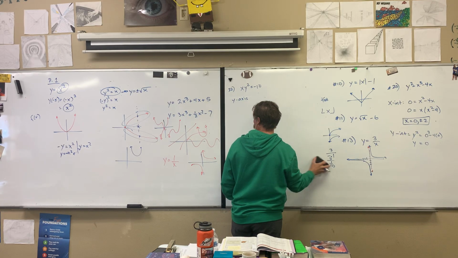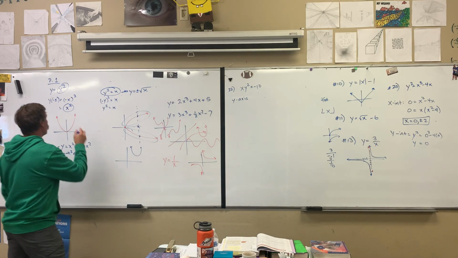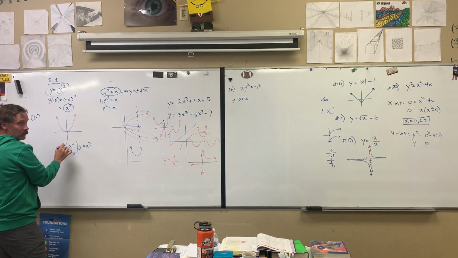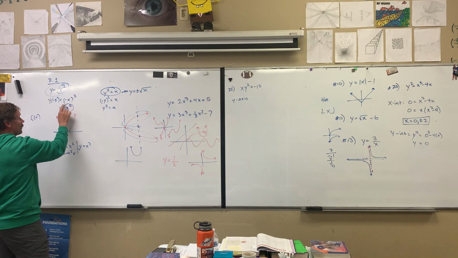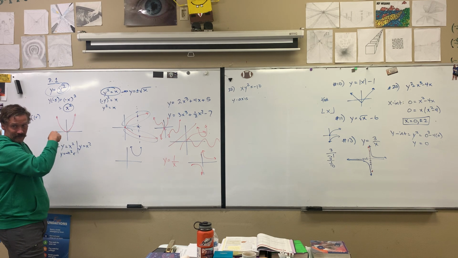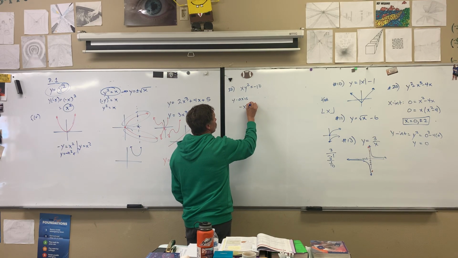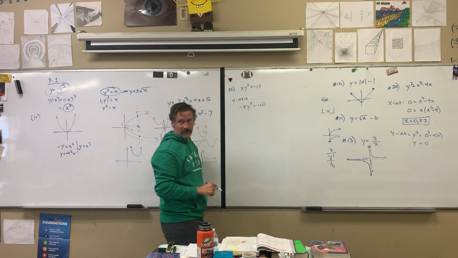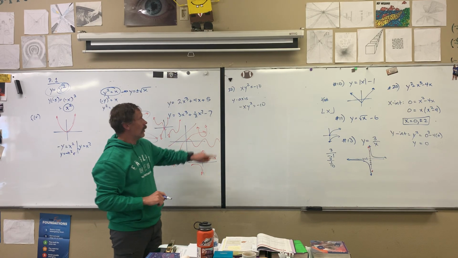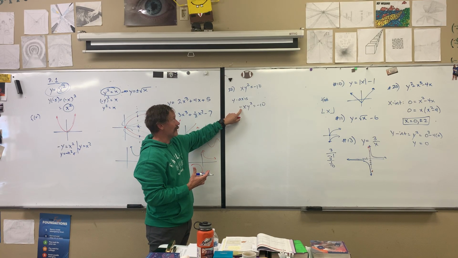Plug in a negative for x. If you ever forget, you can think y equals x squared is this graph. It's symmetrical in the y-axis. If I plug in a negative x, it's the same thing. So testing symmetry in the y-axis is plugging a negative for x. So we say, okay, y-axis, negative for x. Do I get out the same equation? Are those the same? No, because the negative is here, we don't get rid of it, right? So not symmetrical in the y-axis.